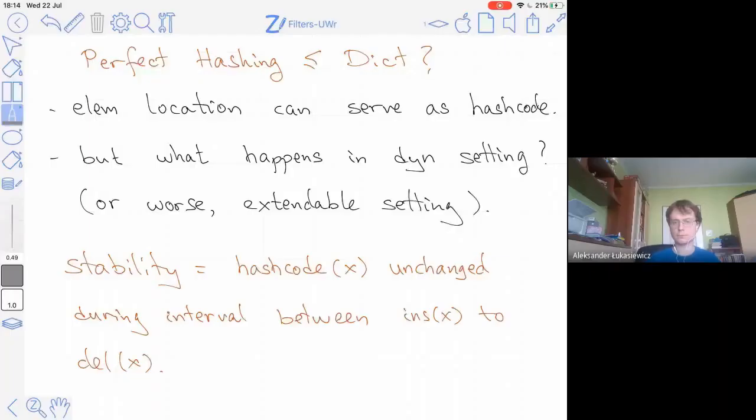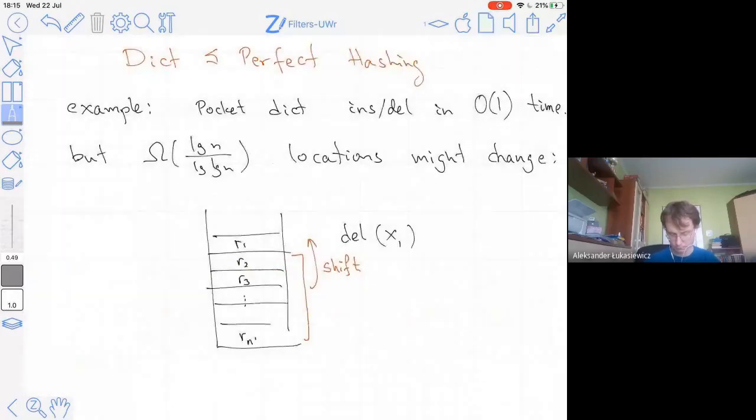because what happens in the dynamic setting or even in the extendable setting, right? So stability, something that people like in hash codes, they want them not to change during the interval between the insertion and the deletion of an element. And let me show you that this is perhaps not so trivial. Think, for example, about the pocket dictionary, where I have these remainders appearing one after the other, and now I am deleting X1, and R1 belongs to X1.